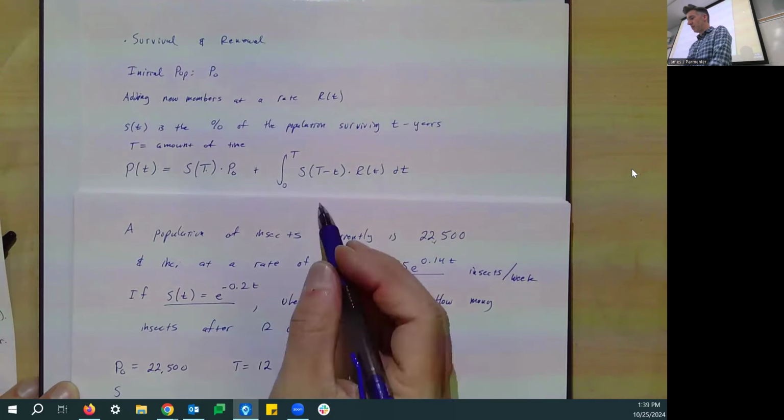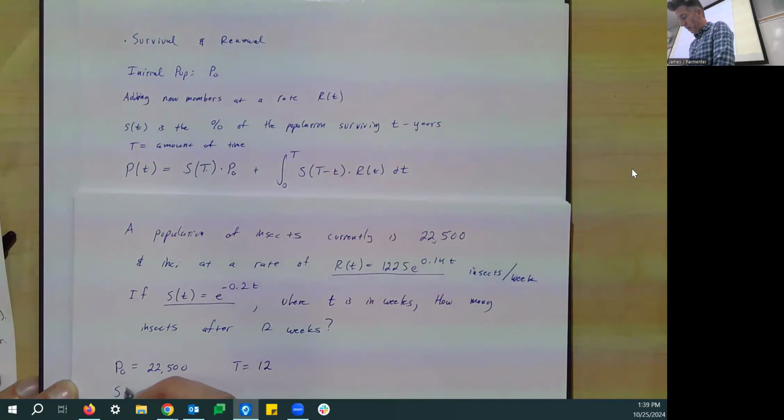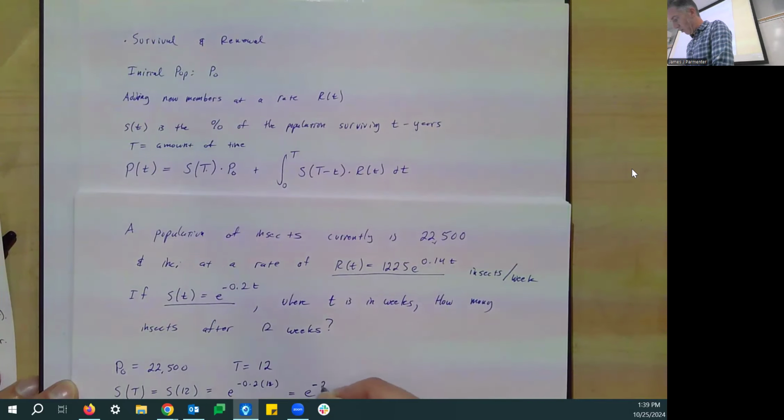And I guess I could write down what these things are as well. So S of capital T is S of 12, which is just going to be e to the negative 0.2 times 12, which is e to the negative 2.4. And then, more annoyingly, S of capital T minus t is S of 12 minus t.